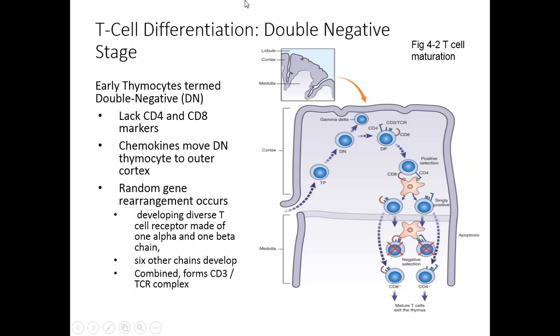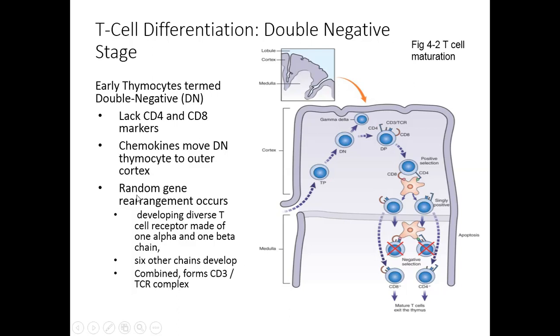We talked about how once they come in through the corticomedullary junction, they move up to the outer cortex. It's in the outer cortex that those double negative thymocytes start undergoing what we call random gene rearrangement.